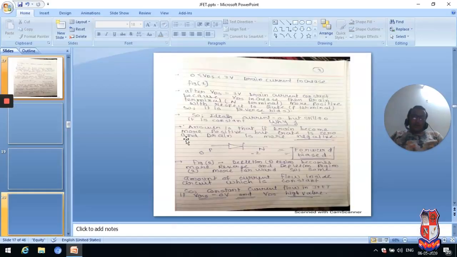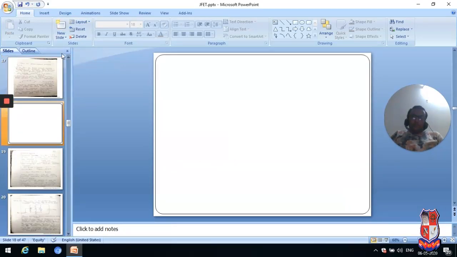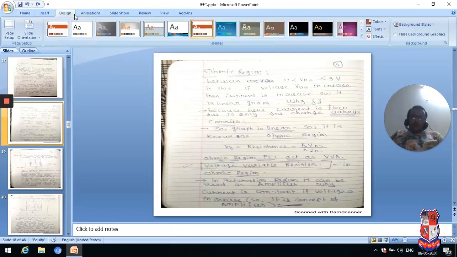Why? Because if the drain becomes more positive, remember that the source at that time becomes more negative. Drain becomes more positive, so source becomes more negative. Here one mistake is present. So try to write words here.